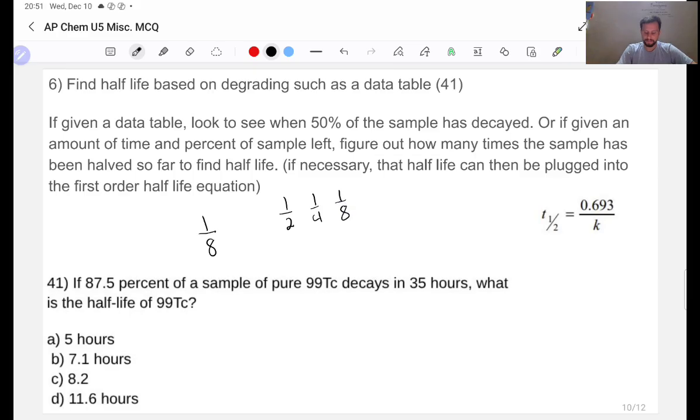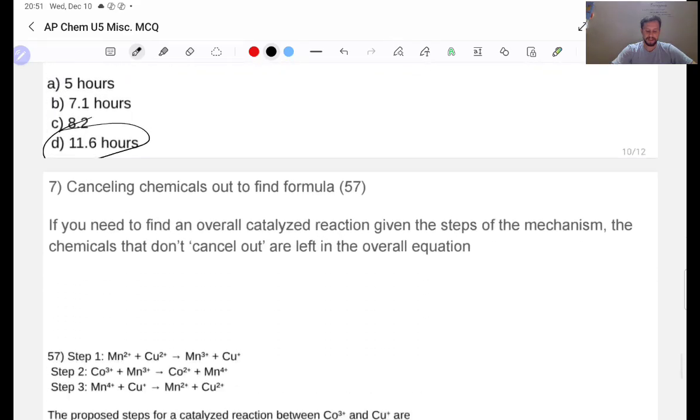That's 3 half-lives. And if it's in 35 hours, then we're going to say 35 hours divided by 3, because there have been 3 half-lives, and that gives us our 11.6 hours. So you just find how many half-lives have occurred, knowing that the amount left is going to be half of what it was before every half-life, to determine what the half-life length is.